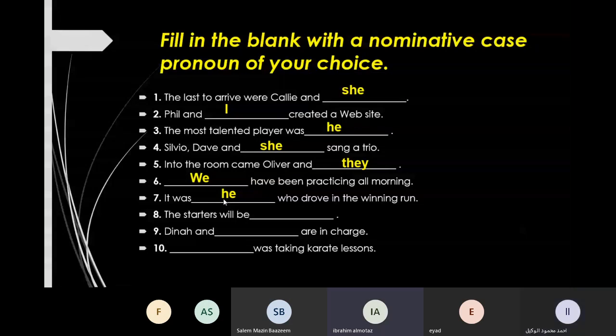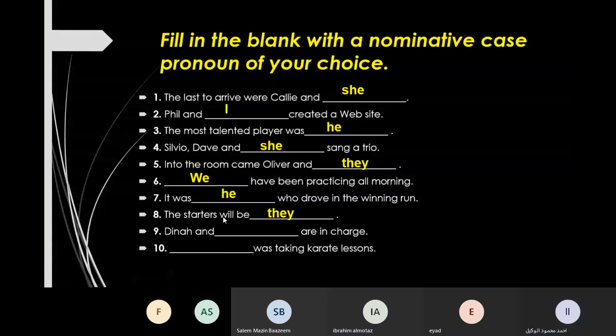The starters will be... Who will be the starters? Is it singular or plural? They. So they will be the starters. All right.